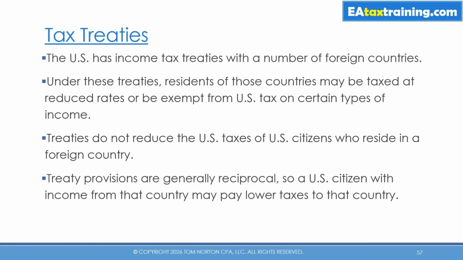So the tax treaty affects not U.S. citizens who are in that country, but citizens of that other country who are in the U.S. So it can give them a break on paying U.S. taxes in certain circumstances. It does not give U.S. citizens a break just because they happen to live in that country.